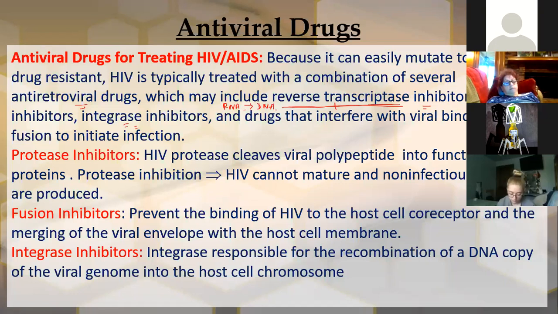If we then attack the protease enzyme, the virus can make viral protein, viral DNA, and RNA, but if the protease enzyme is not working, then they cannot make the mature virus.